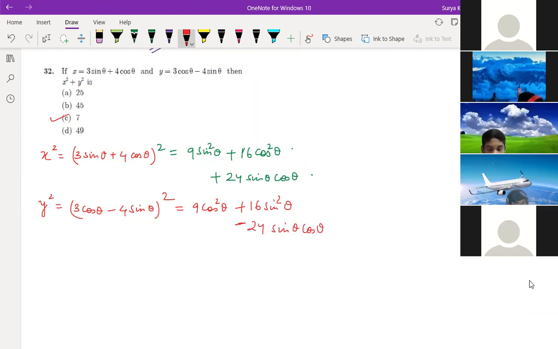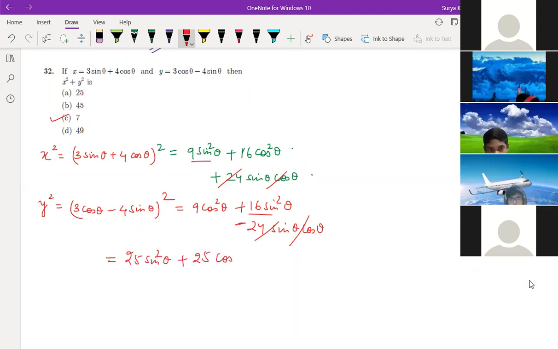You see what is happening? If you add, this will get cancelled, plus and minus. Then 9 sin square theta and 16 sin square theta become 25 sin square theta, and plus 25 cos square theta.